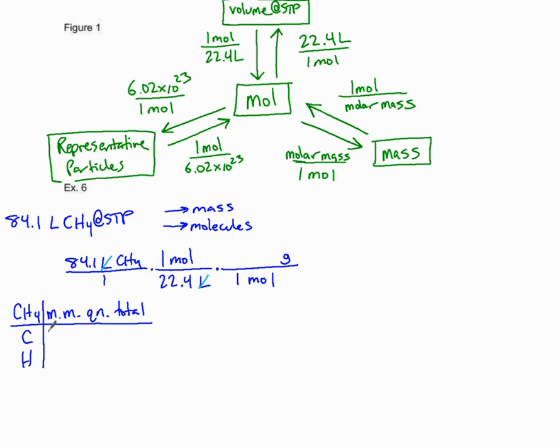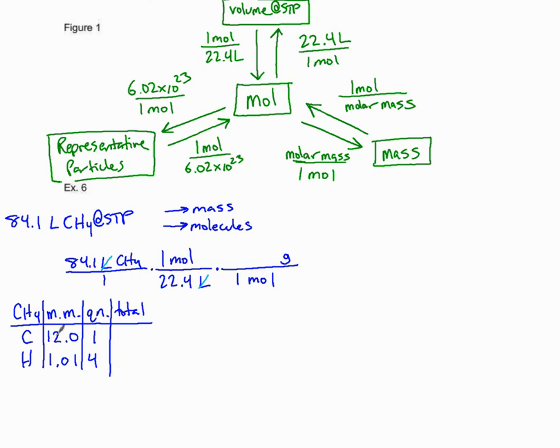This is from the periodic table. 12.0 for carbon. For hydrogen, it is 1.01. The quantity comes from the chemical formula. So we see 1 carbon, we see 4 hydrogens.